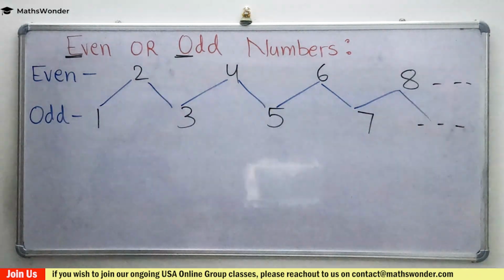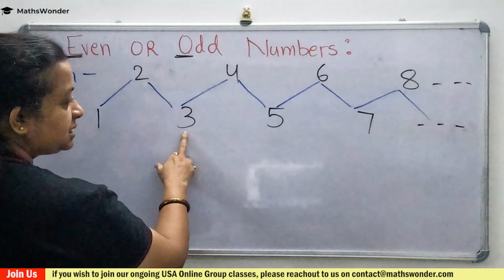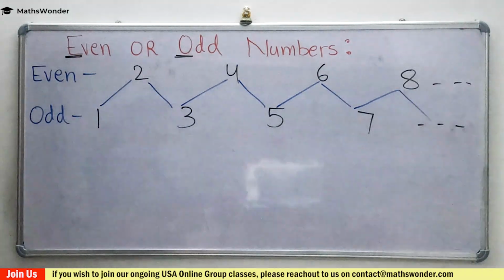And the difference between two consecutive odd natural numbers is again 2. 3 minus 1 is 2. 5 minus 3 is 2. 7 minus 5 is 2. Understood? No confusion, right?